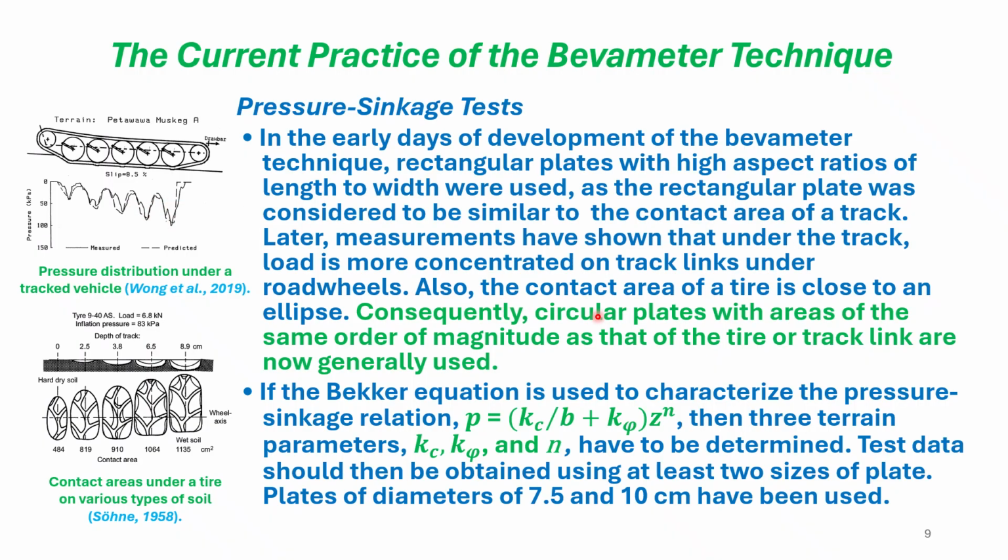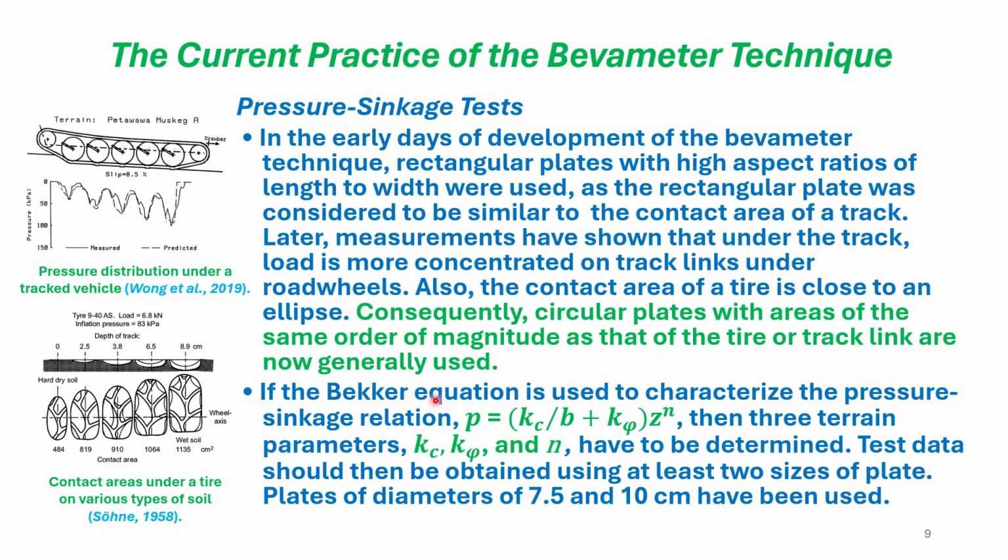Also, the contact area of a tire is close to an ellipse, as shown in this diagram. Consequently, circular plates with areas of the same order of magnitude as that of the tire or track length are now widely used.